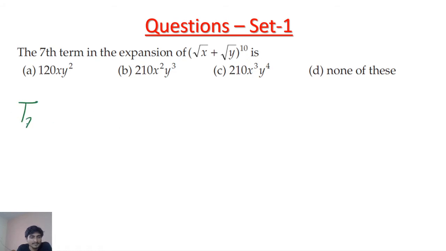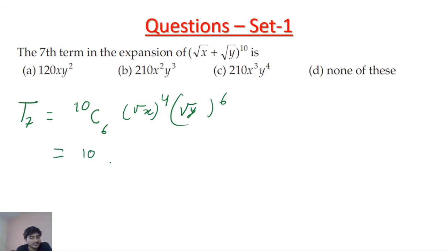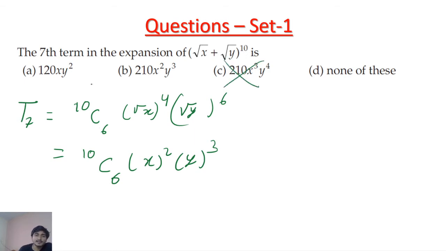When I write T7, this will first go to 10C6, and then root x to power 10 minus 6, that is 4, and root y to power 6. So just match it first. Out of this, what will it become? 10C6, x to power 2, y to power 3. So this is not correct. Now we need to check between B and D, right?